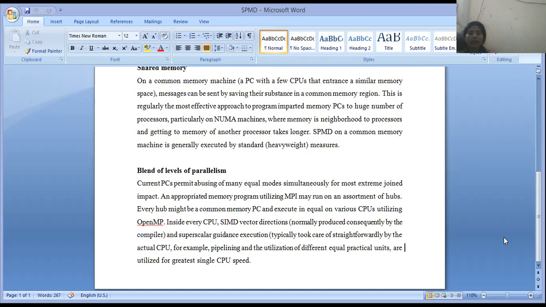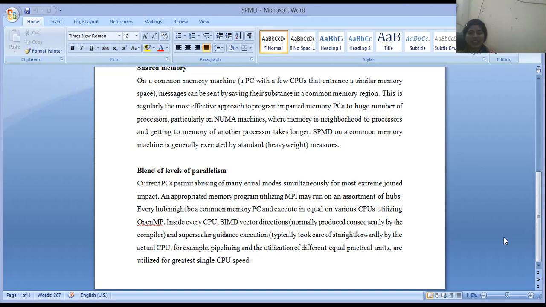Inside every CPU, SIMD vector instructions are generated by the compiler, along with superscalar instruction execution. For example, pipelining and utilization of different functional units are used for the greatest single CPU speed.